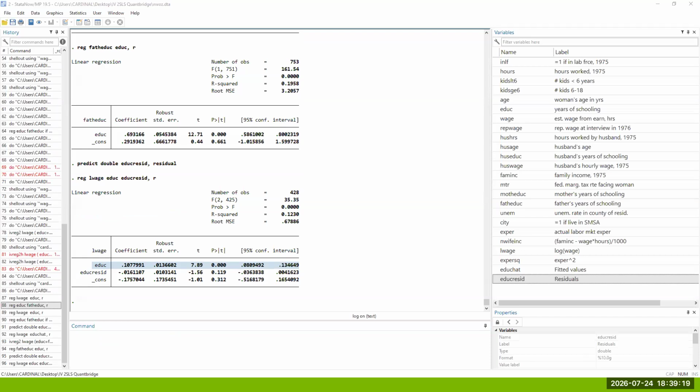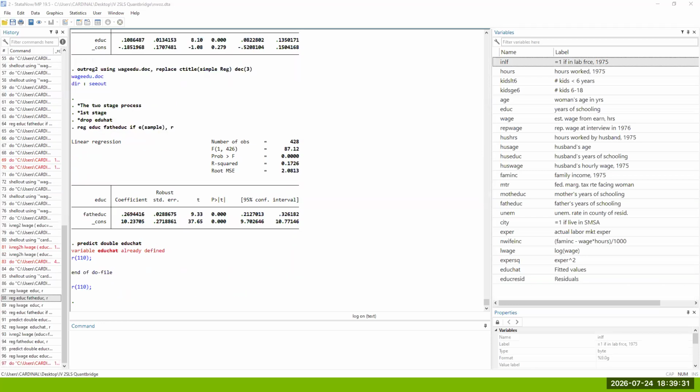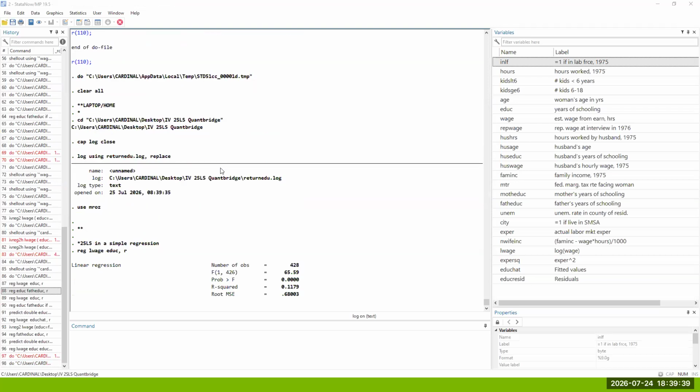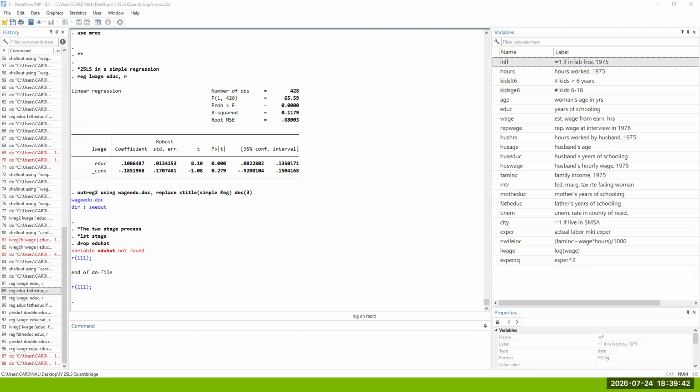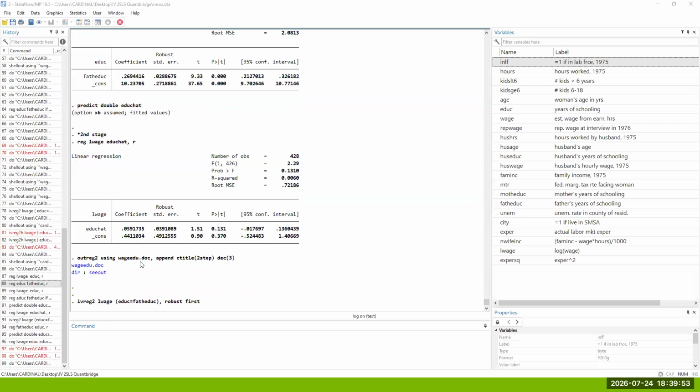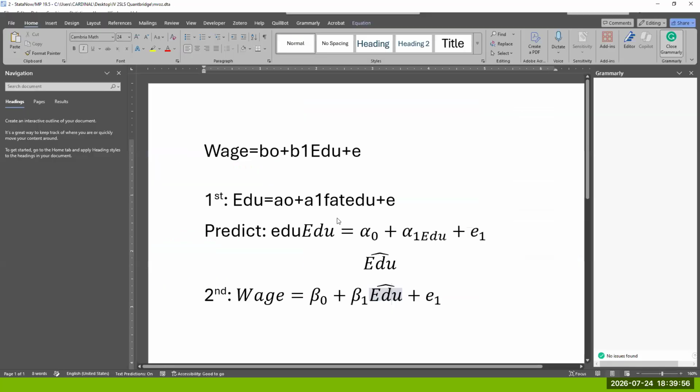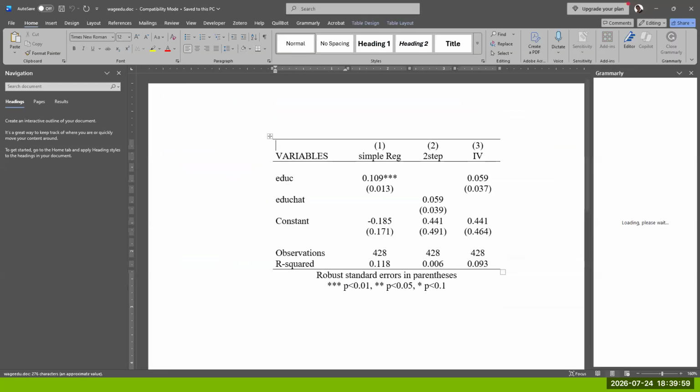Let me estimate all of them together, then we can compare. So initially, we had this. I'm using a do file, so don't worry. So this is what we had.